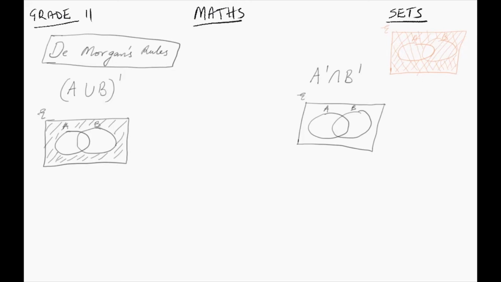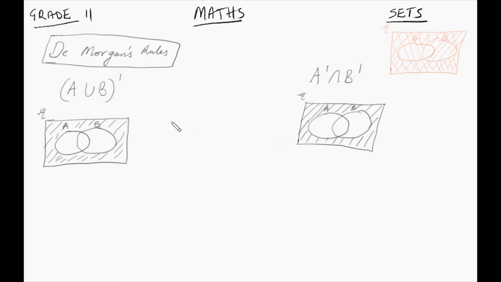So that means now you can come and shade the double shaded region, which is this. All right. So you can see that this region is the same as this region. This region shaded here, which is A union B all complement, is the same as the region shaded here, being A complement intersect B complement.